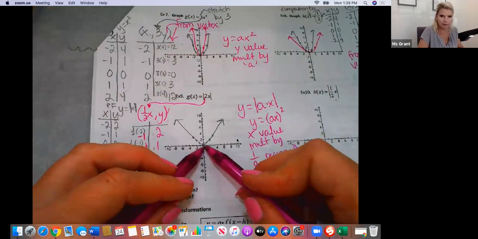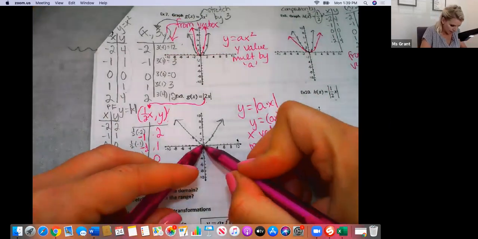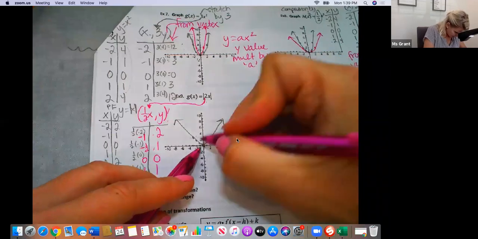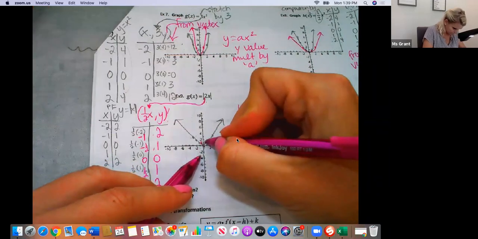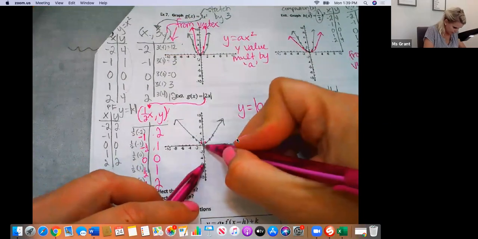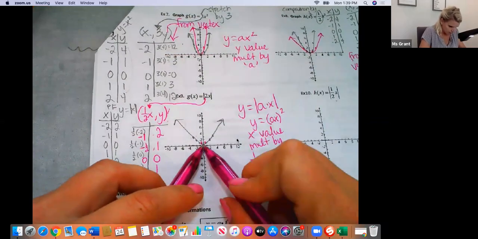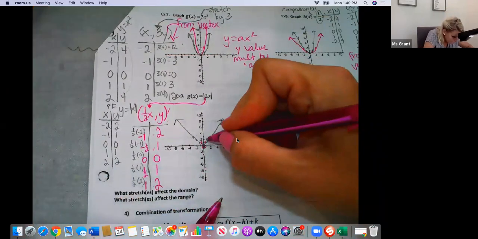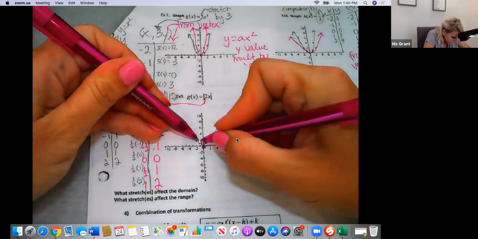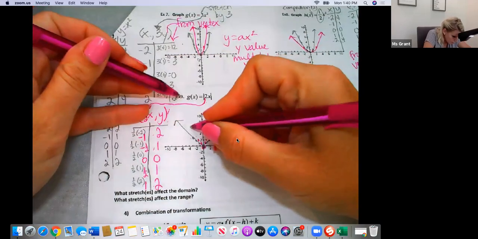From my 0, 0. 1/2 in both directions, up 1. That's like inside my pencil. Obviously my vertex is a point. Then from my vertex, I'm going to go 1 in both directions, up 2. So this is more narrow.